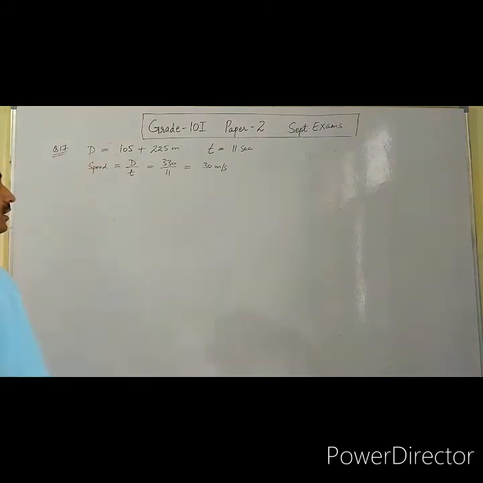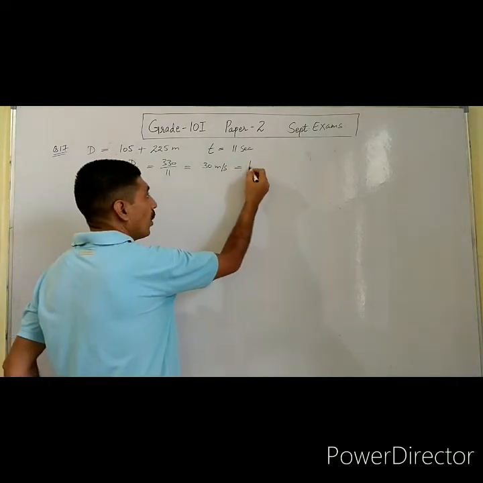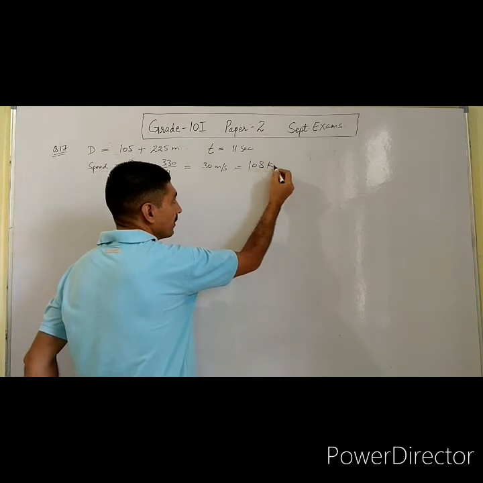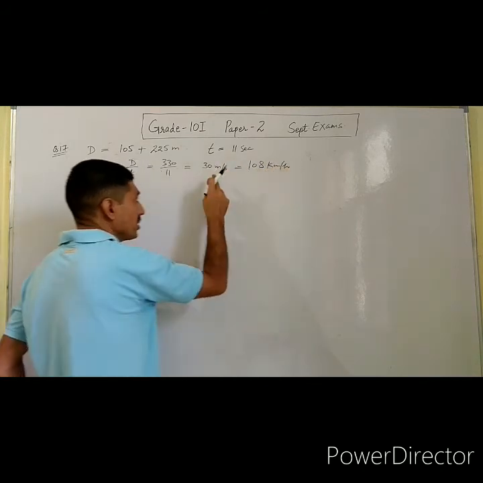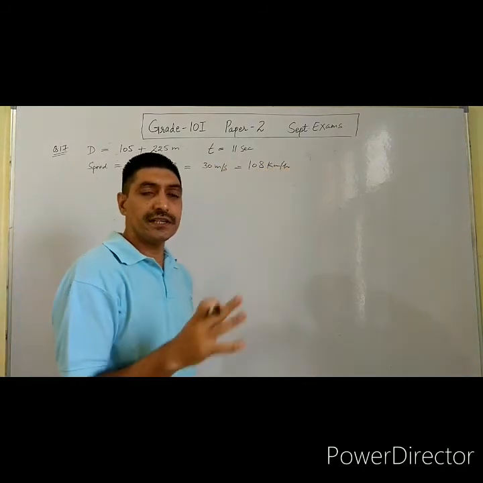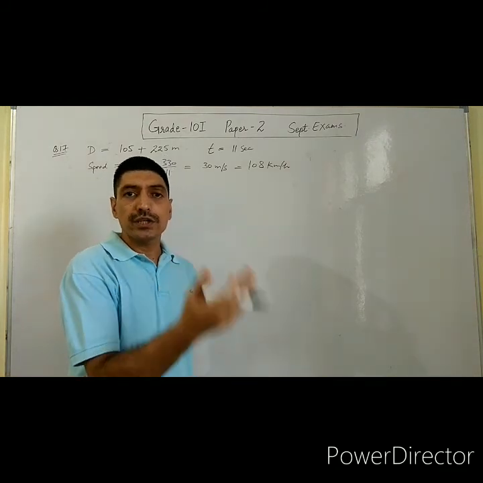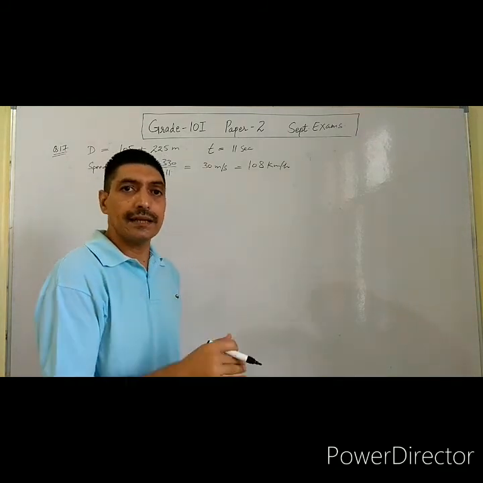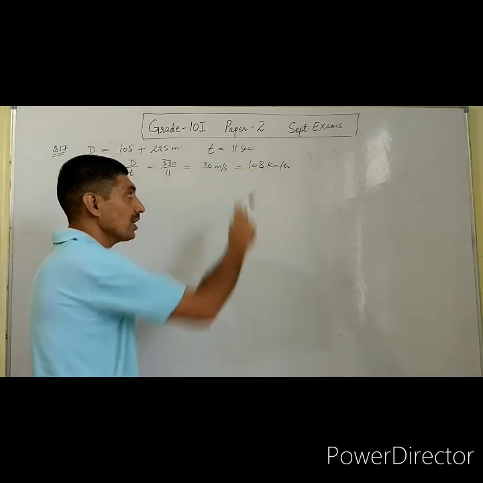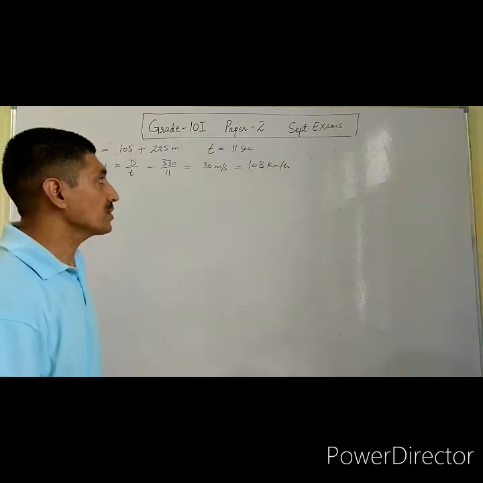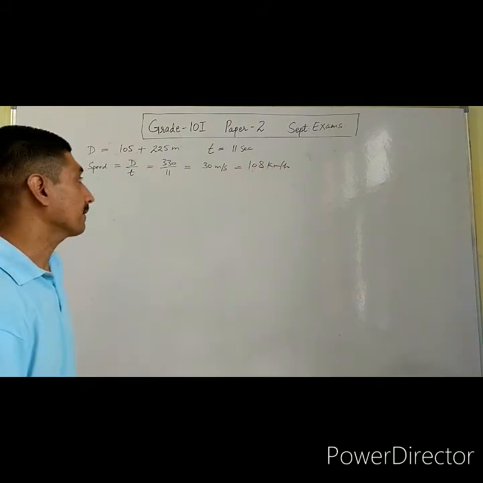And when we convert this speed from meters per second to kilometer per hour, we get 108 kilometer per hour. So how to change? We can convert the meters into kilometers and the time, that is in seconds, into hours. So we got 108 kilometer per hour.